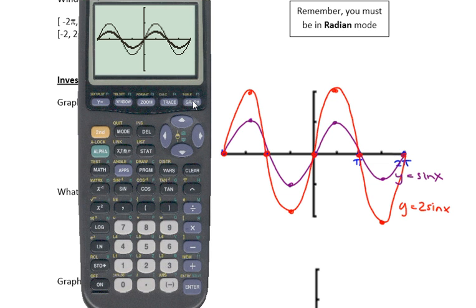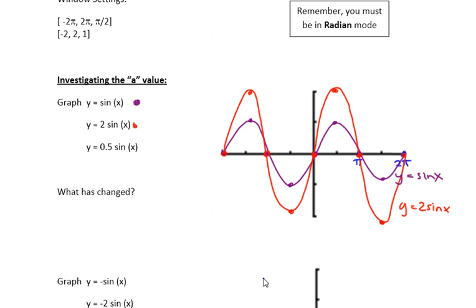It's half as high. The max is 0.5 and the min is negative 0.5. I'll use blue. Sketching again, the x-intercepts are the same, but now my min is negative a half, and our max is a half.